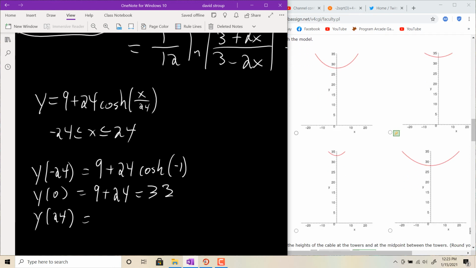So this one and these, you can tell which ones are not going to work. This one's not going to work, and I don't know if you can see my cursor, and this one's not going to work because it's too low. So it's in between this one and this one, and it's pretty difficult to figure out which one it is, given that there's not very much information to go on.